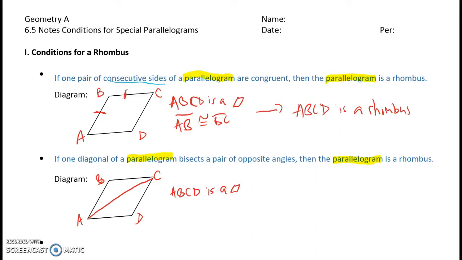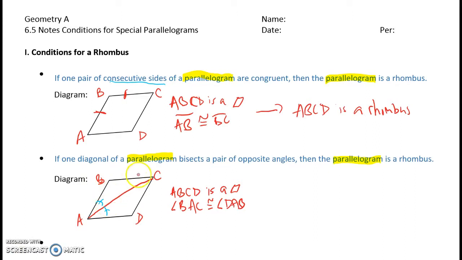If I know this diagonal, for example AC, bisects its opposite angles, meaning angle BAC is congruent to angle DAC, which are these two angles right over here, then I have one pair of congruent halves, so angle BAD is being bisected.